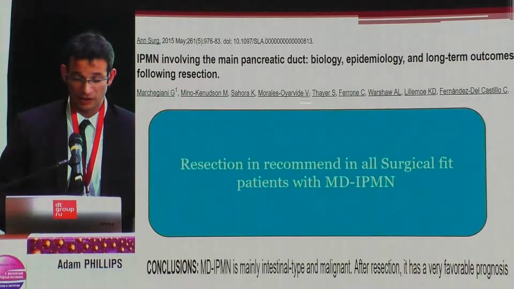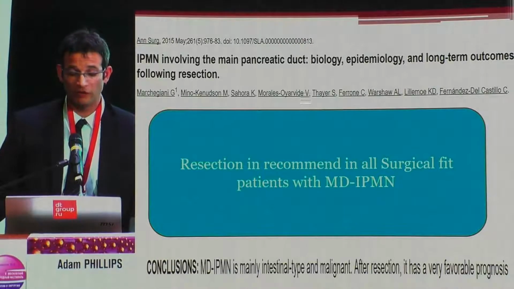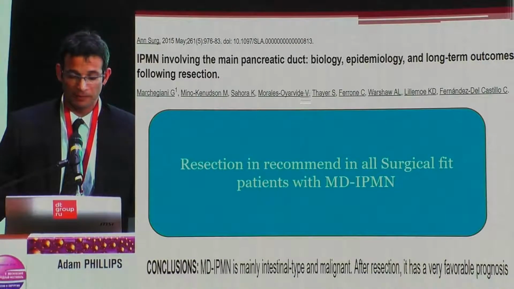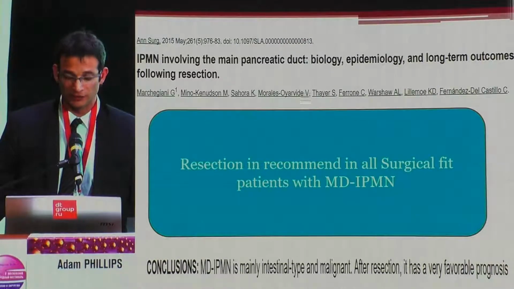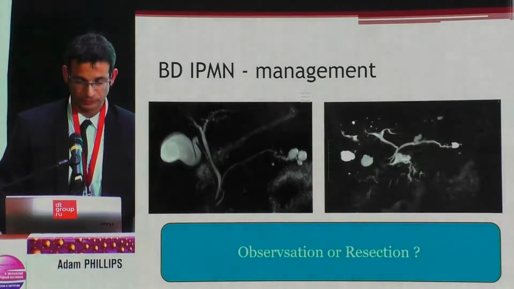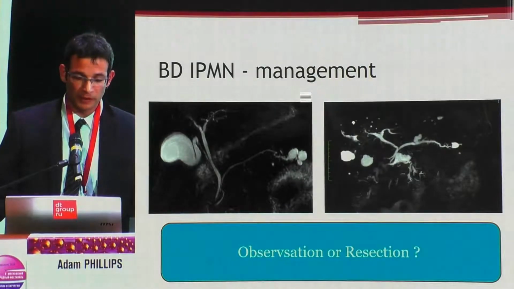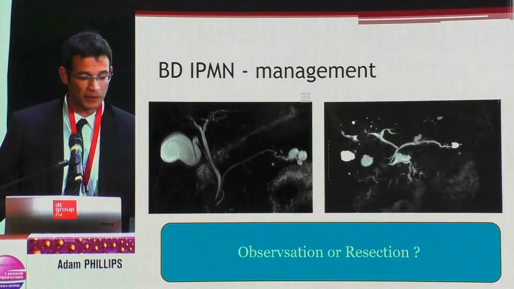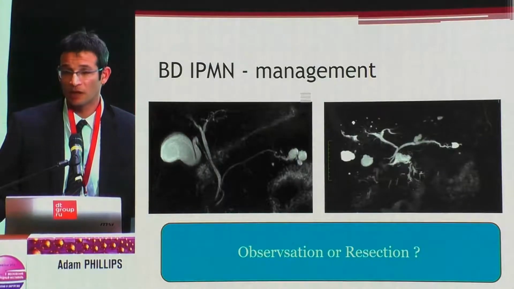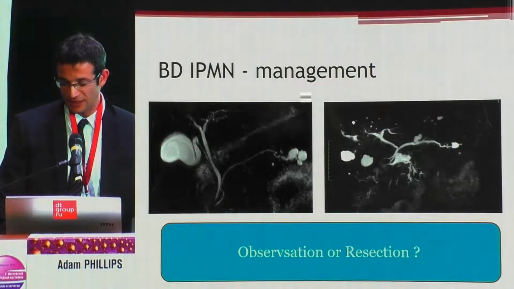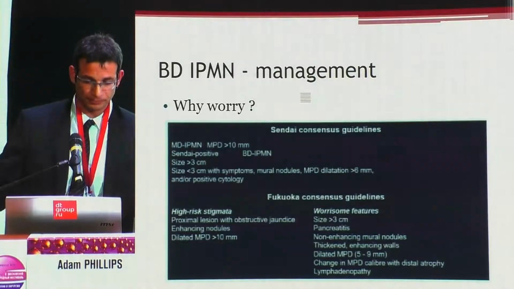So they can say that if we have a patient with a main duct IPMN and it's a surgically fit patient, we can take this patient for resection. The big problem is with branch duct IPMN. What to do? Observe these patients, resect these patients, how would we decide what to do with these patients.